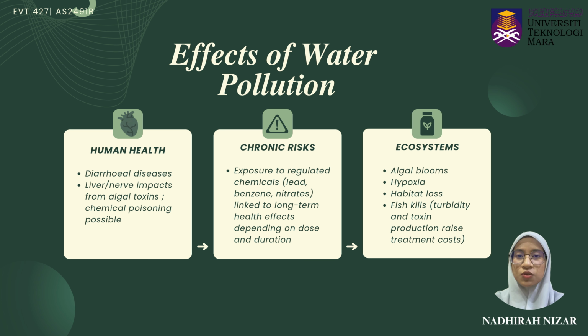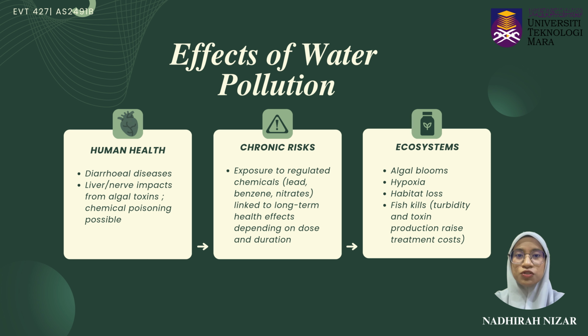The US CDC notes that both germs and chemicals in drinking water can make people sick, and that utilities must monitor and meet safety standards. Long-term or repeated exposure to regulated contaminants, metals like lead, volatile organics like benzene or excessive nitrate, can contribute to chronic disease risks. Though, outcomes depend on concentration, exposure duration, and individual susceptibility.